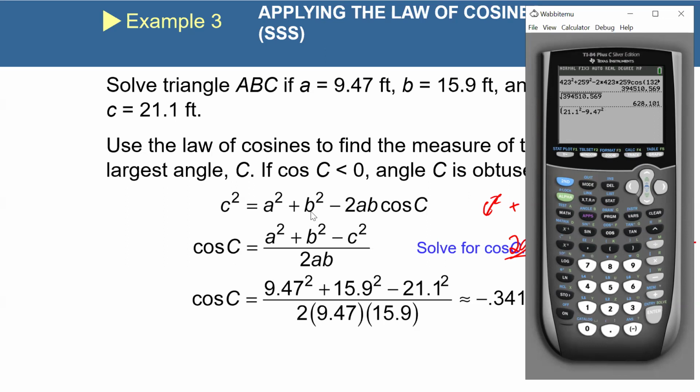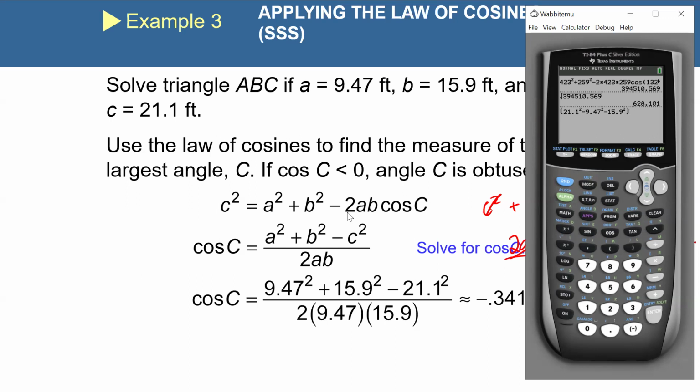Then subtract B squared, which is 15.9 squared, because you're doing all opposite behaviors. Now there's nothing left to add or subtract, so it comes down to dividing.